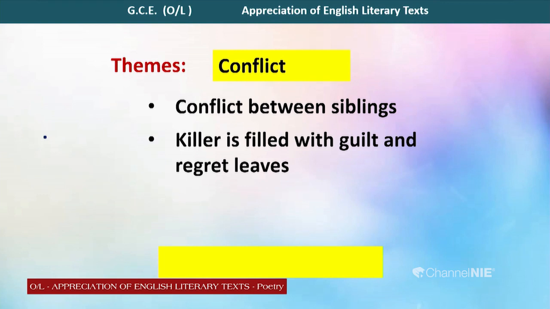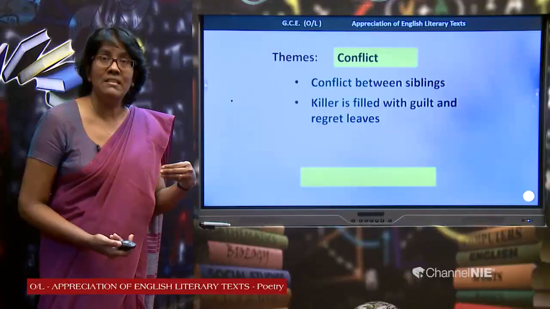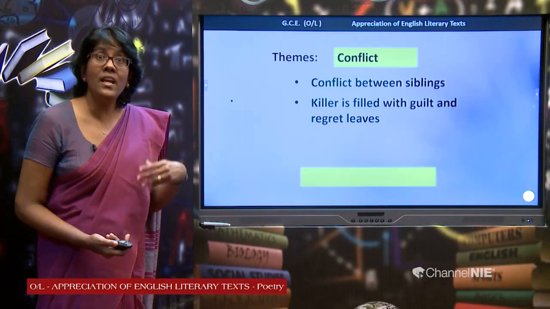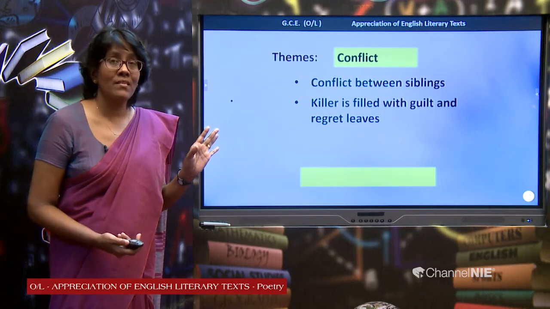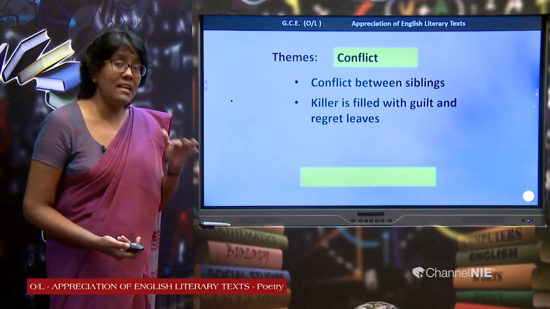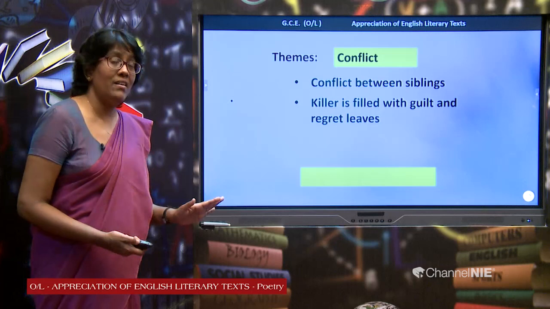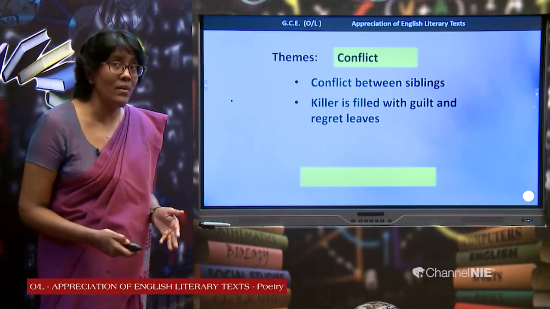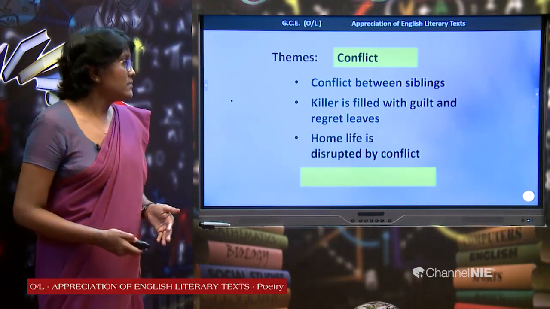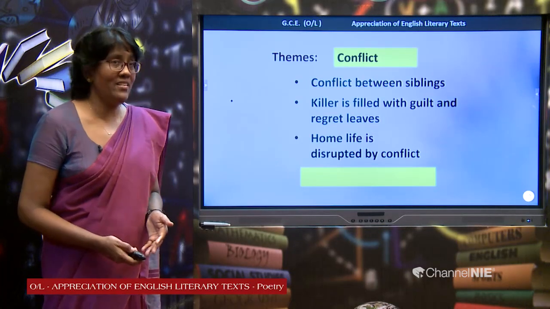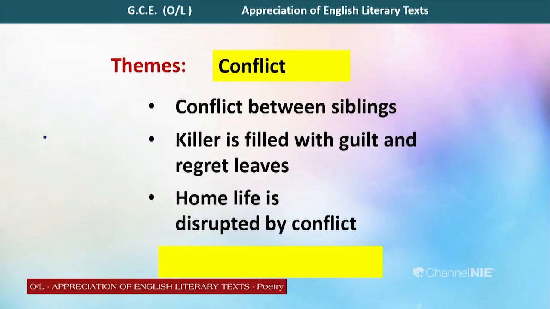Then you can understand because of this conflict situation, the killer is filled with guilt and regret. After regretting, he cannot follow his normal lifestyle. He has to vacate the place. The murderer has to vacate the place, leave his own background. Right. The pathetic situation is that home life is disrupted.